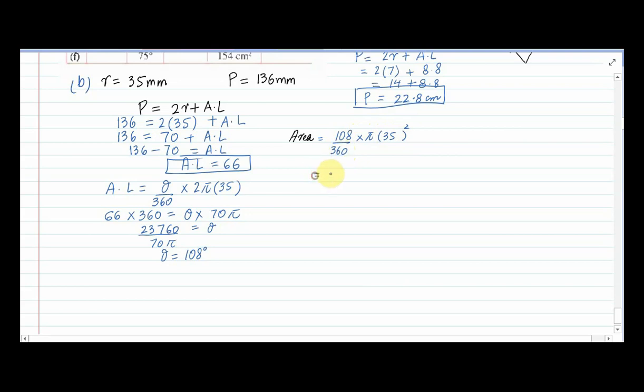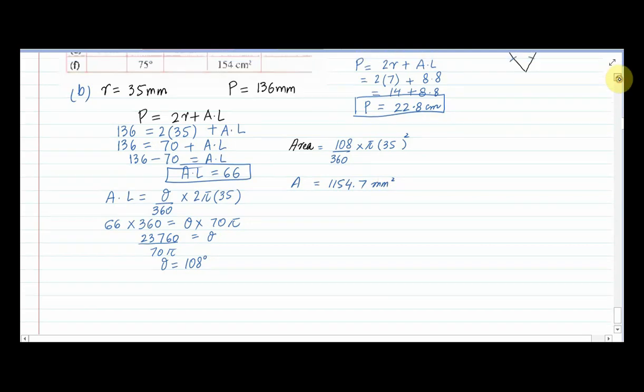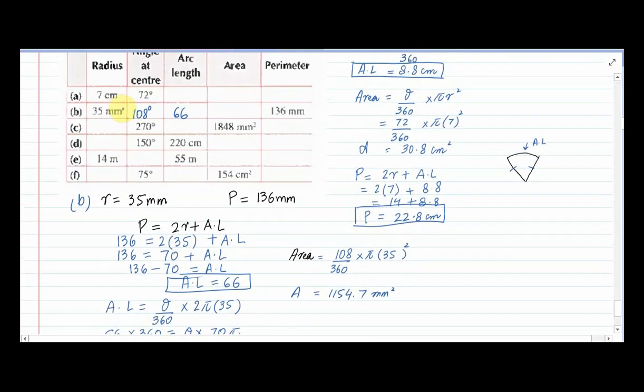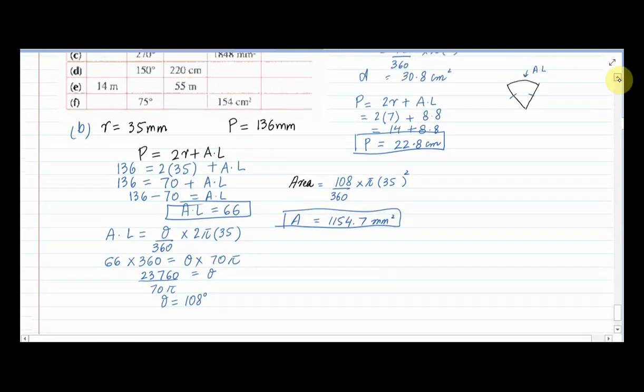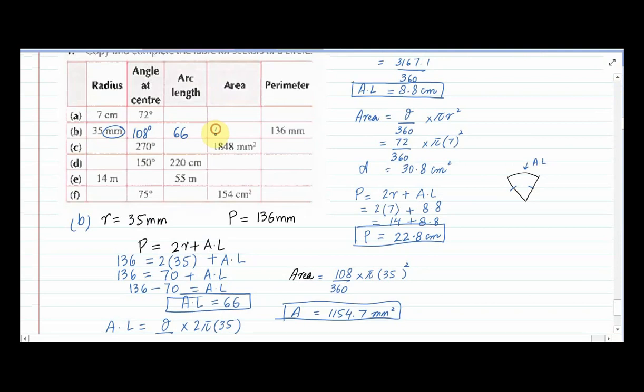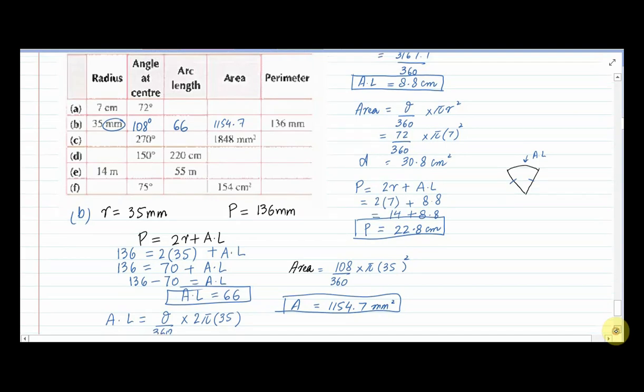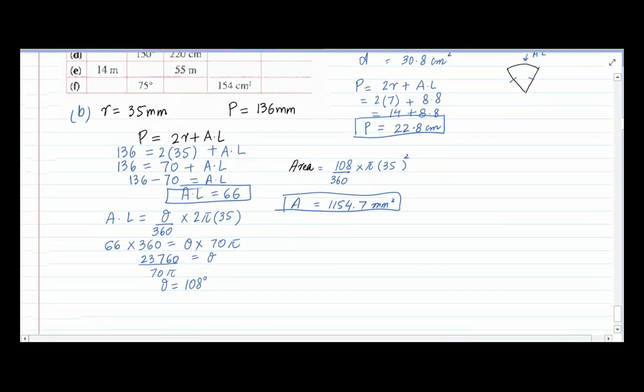So area is 1154.7 millimeter square, because the radius was given in the unit of millimeter. So all units are millimeter now, right? So area is known, arc length is known. So that's how you need to attempt this question, right?